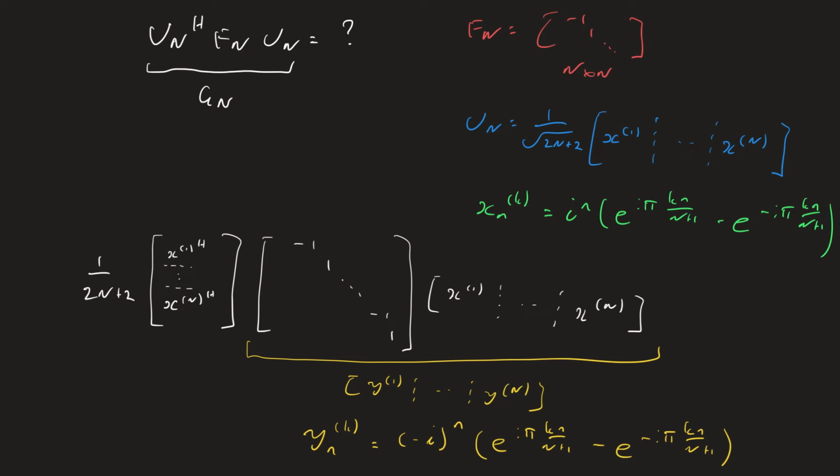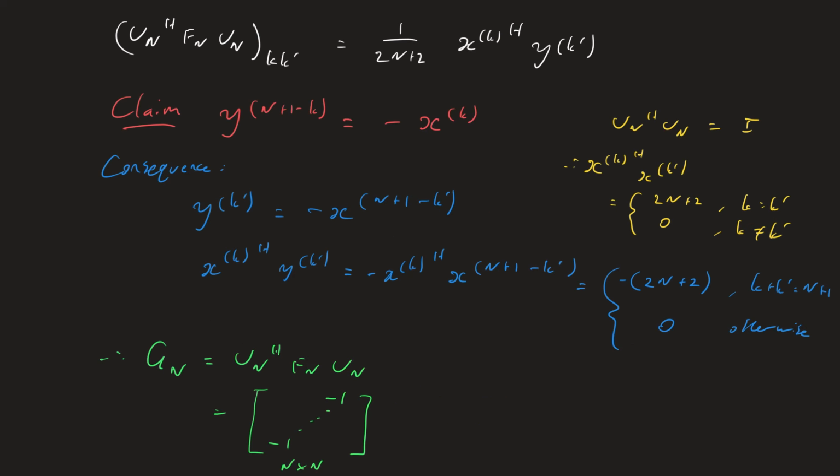Moreover, we calculated before that y1 is equivalent to the xN-th eigenvector, y2 is equivalent to the x(N-1)-th eigenvector, and so forth.